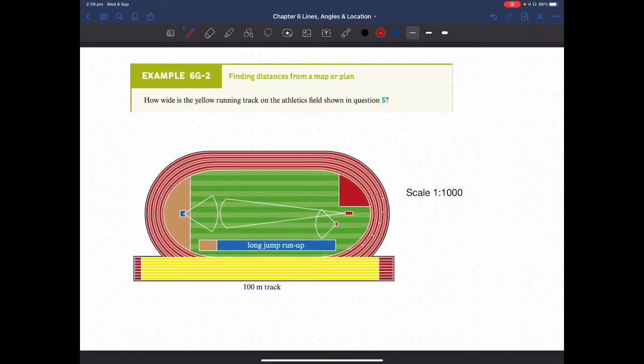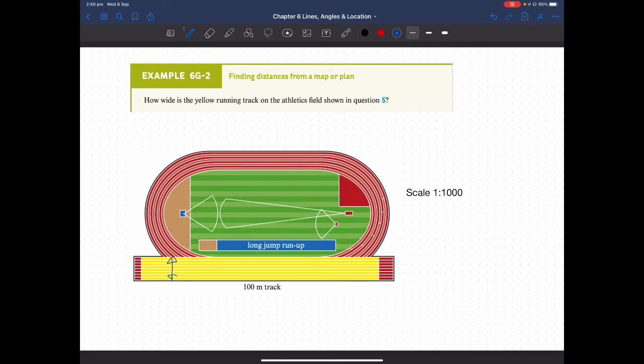In the second example, it says to us, how wide is the yellow running track on the athletics field shown in question 5? I have put a copy of the athletics field here. So what you do is you get your ruler and you measure the width across the yellow track.